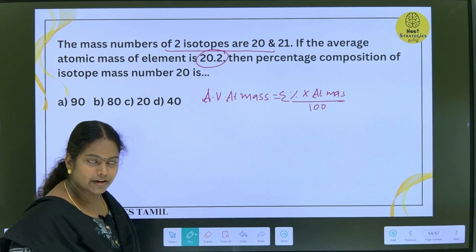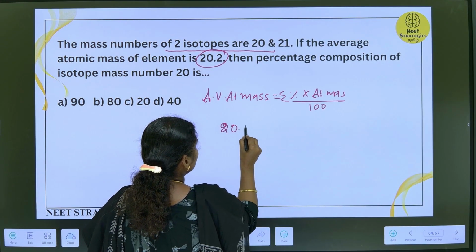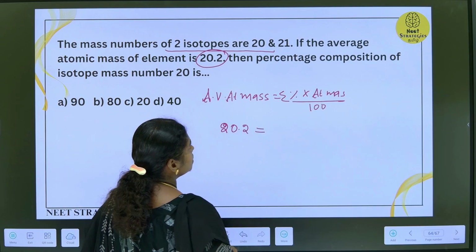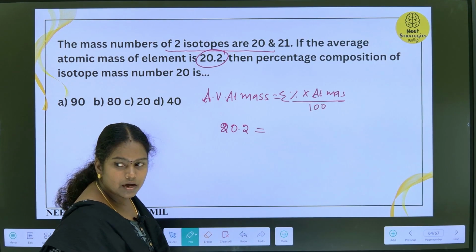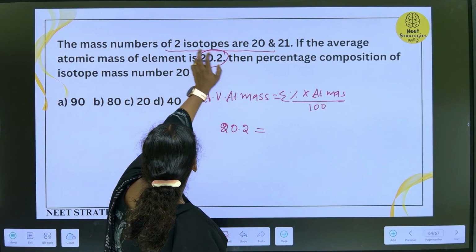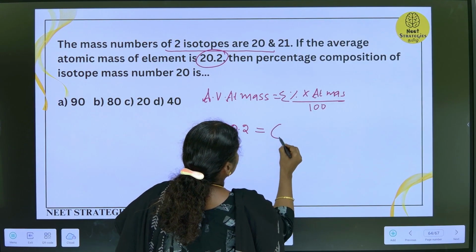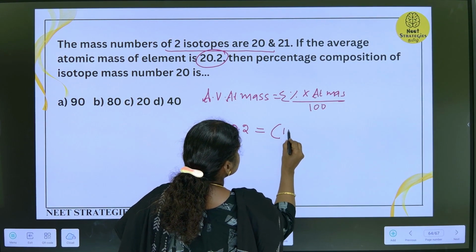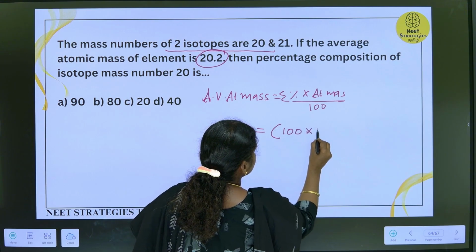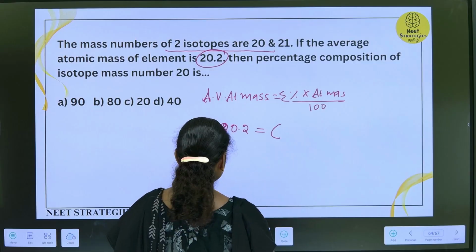We substitute in this formula: 20.2 is equal to the percentage, which I don't know, so I take it as X, into 20.